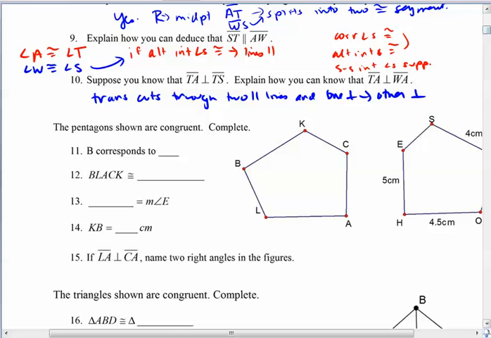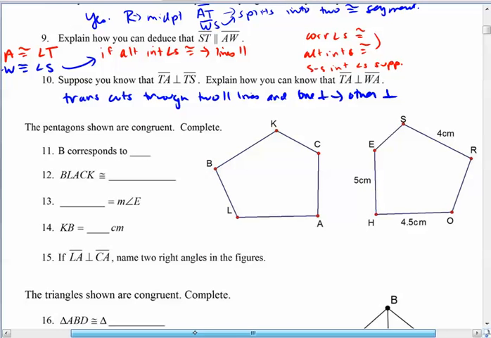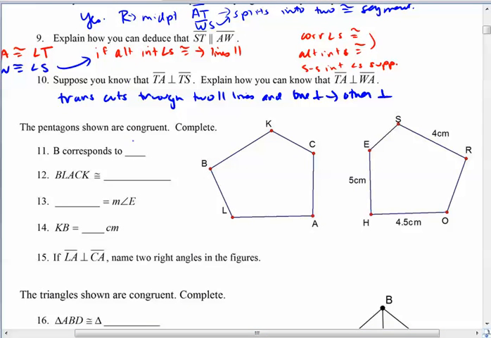All right, the pentagons shown are congruent, so we have to complete the statements. Angle B corresponds to angle R. And therefore, if I call the left figure BLACK, I'm going to go around the other figure in the opposite direction because it's flipped over here.